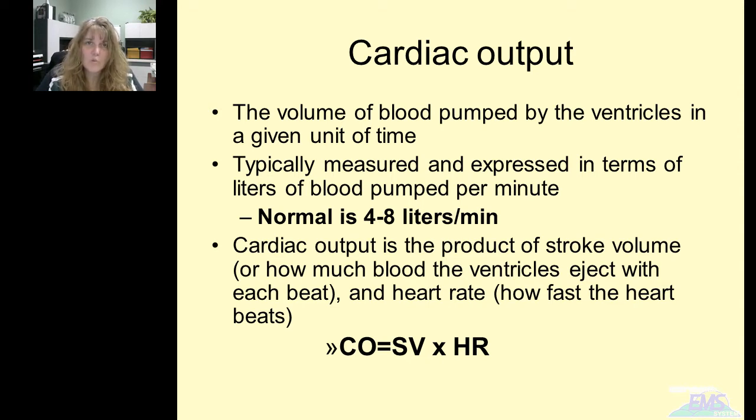Now typically in 1 minute of time, the normal amount contracted and released by the heart is 4 to 8 liters per minute. But your cardiac output is all about stroke volume, how much blood is actually entering the ventricle and being ejected with each beat, and then the heart rate and how fast the heart is beating to get that blood out. So cardiac output is dependent on 2 factors, stroke volume and heart rate.